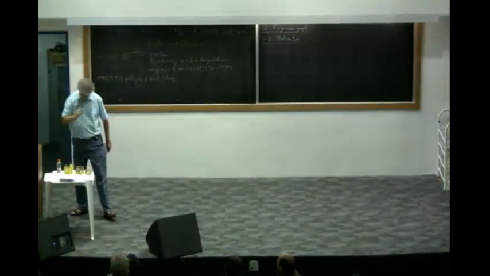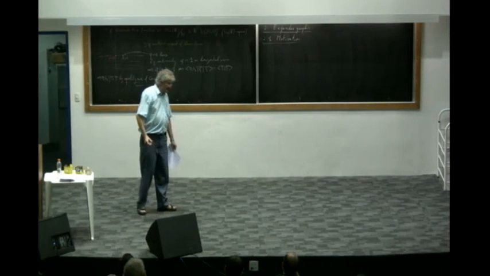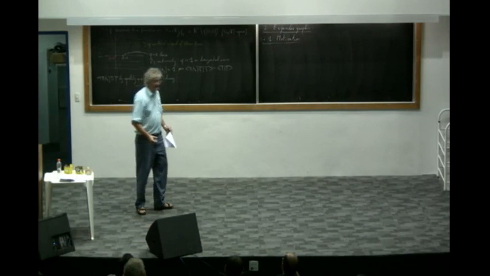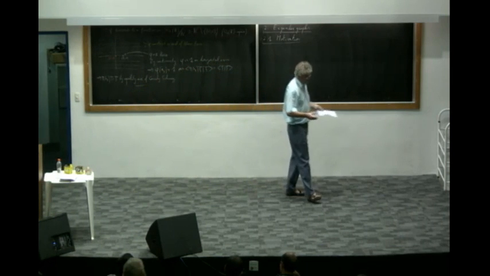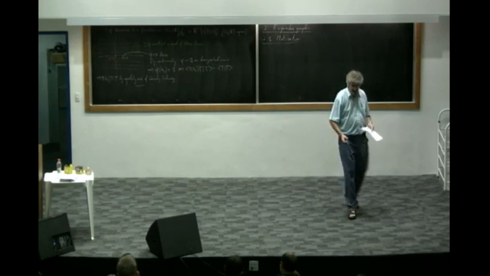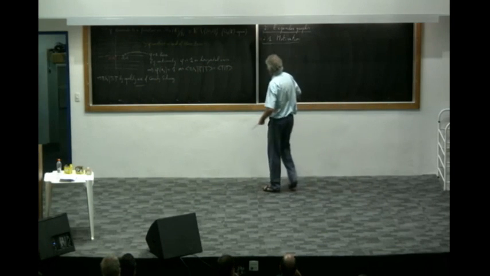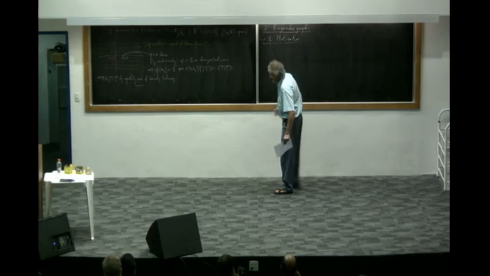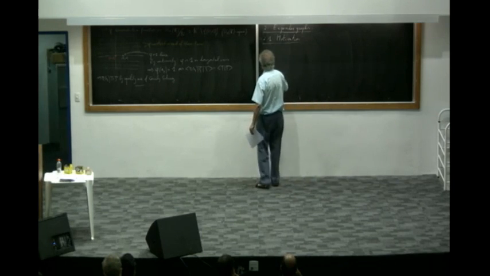So expanders appeared in the 1960s, coming from the communication systems community. So engineers who want to design efficient communication systems, and well, it's a natural idea to try to model these communication systems by graphs.